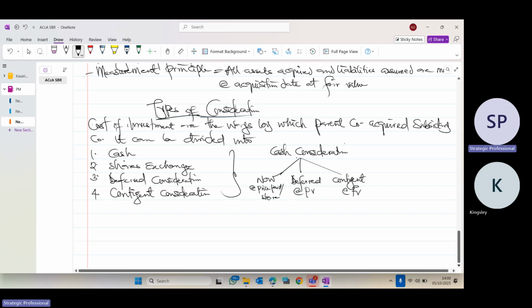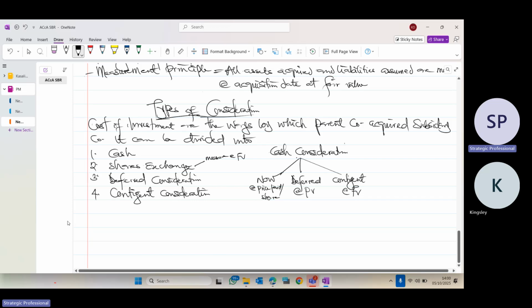And for the share exchange, the share exchange is measured at the fair value on the date the parent company actually buys the share of the subsidiary company. Let us take note of that.